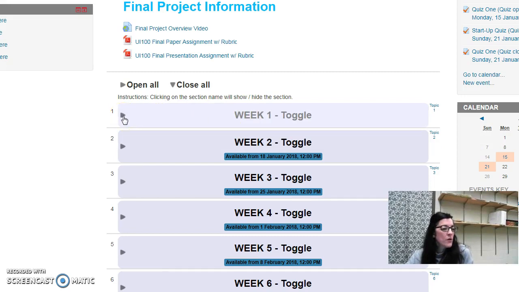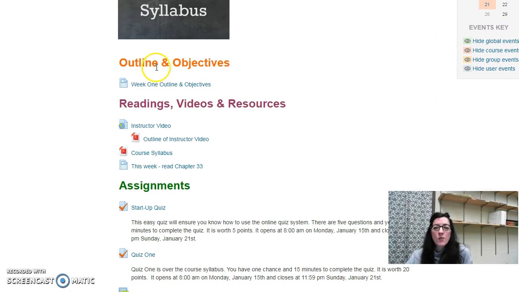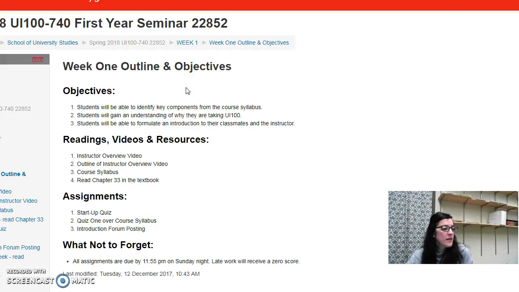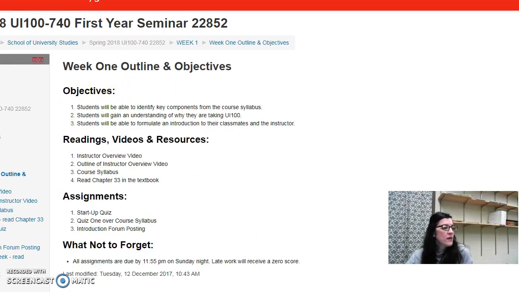Whenever you click on a week, you will see that we have an outline and objectives. Make sure that you go out and poke around in that at the beginning of the week. It's going to have the week's objectives, the resources, all the different things you shouldn't forget. That will all look the same way every week.